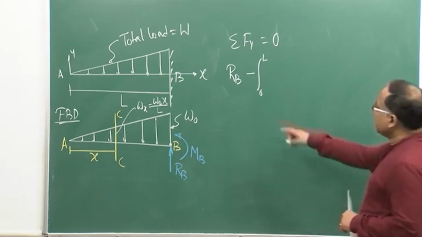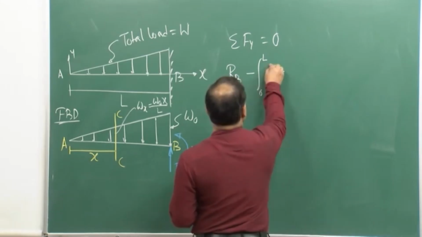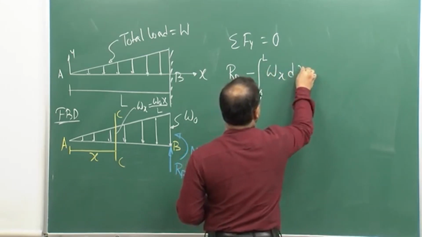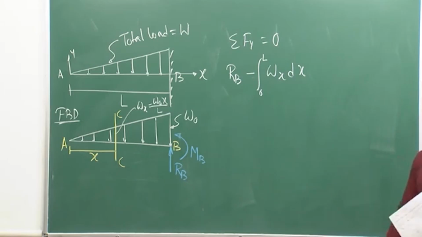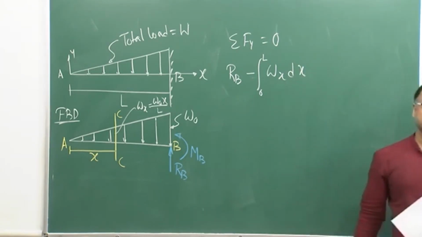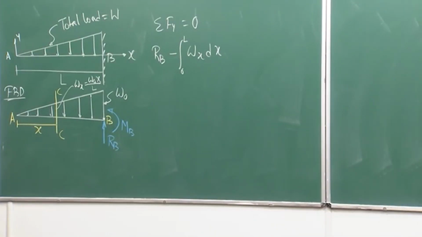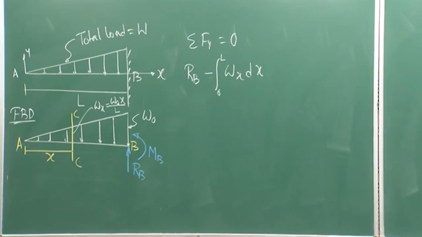So, RB minus the integral from 0 to L, we are integrating Wx dx. Now, if you look at this, what is Wx dx? That is the concentrated force over a small distance dx, as we just discussed.